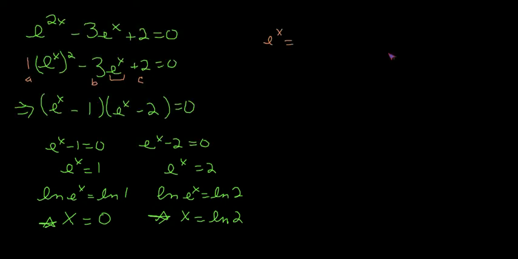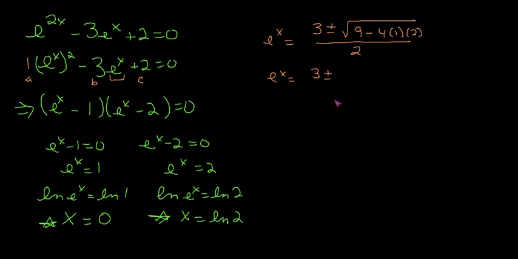our quadratic formula. So opposite of b, plus or minus, square root, and then b squared minus 4 times a times c, and that's going to all be over 2 times a, which in this case is 2 times 1 or 2. So if we go to simplify this one, we're going to get 3 plus or minus.